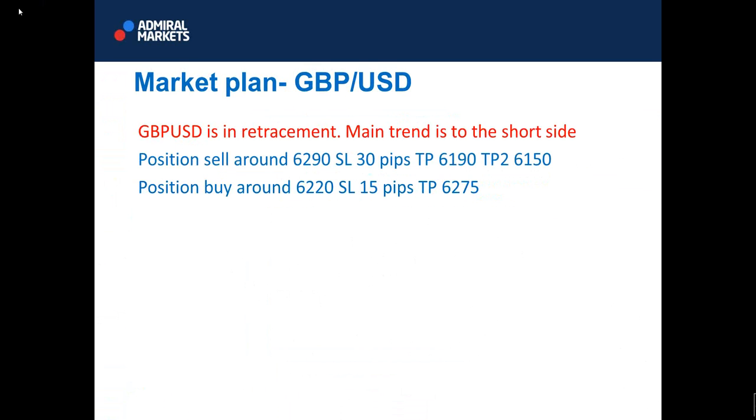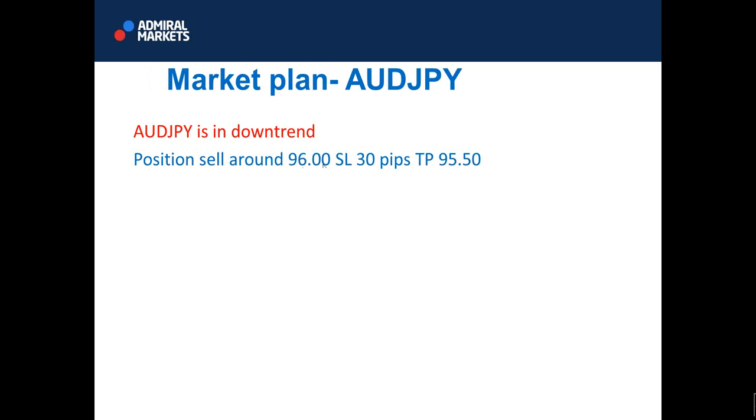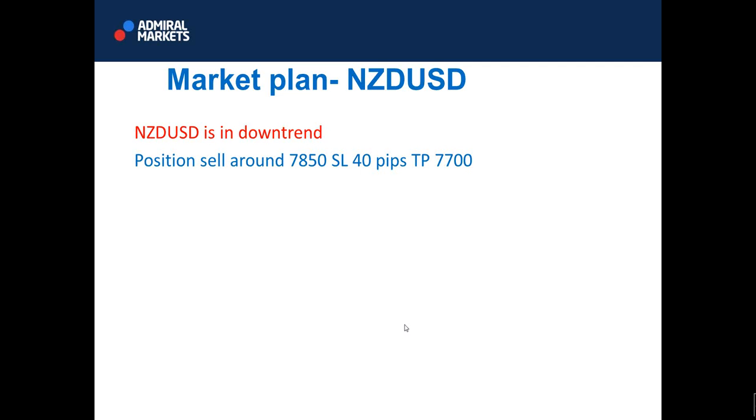For positional trades, I would like to see it slightly higher. Okay. Next is AUD. AUD dollar or Aussie, 88.00. Okay. 88.00. Pay attention to it. ODN 96.00, 3 pips stop loss 95.50. And that was for today.